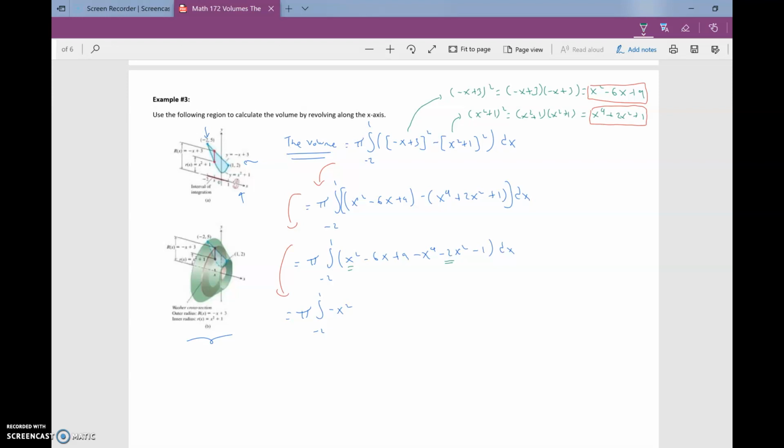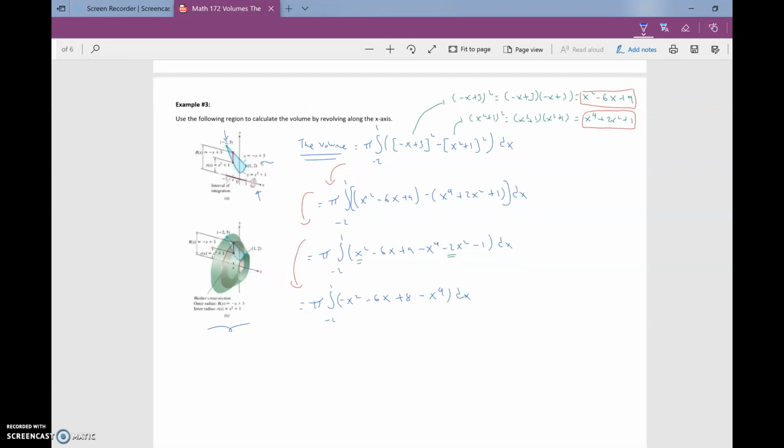Then minus 6x plus 8 and minus x to the fourth. That's going to be the integral that we're evaluating. Let me double check 8. Okay, so we're good up to here.